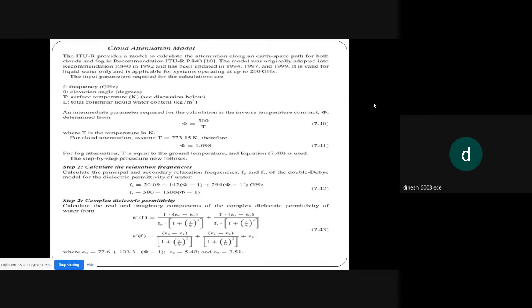So for every meter square, how much total columnar liquid water content is available.